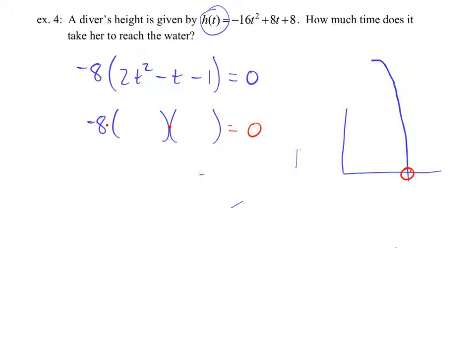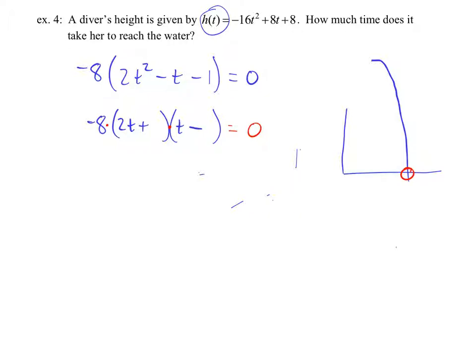If I have this positive 2t squared, do you agree I need a 2t and a t? If I have a minus 1, my signs have to be plus and minus. Well, we have more minuses, so I'm going to put my minus right here, thinking that that'll back up to that 2t.